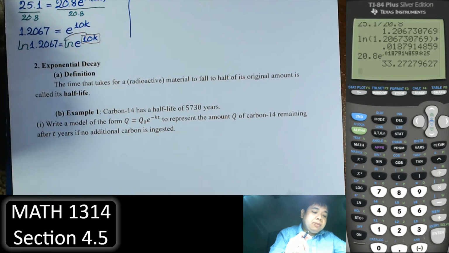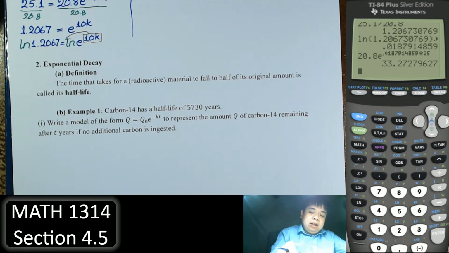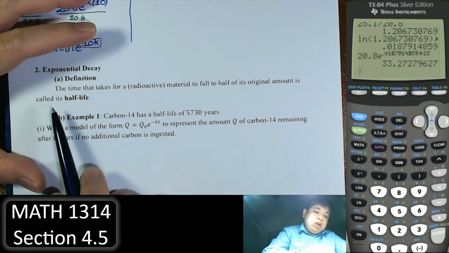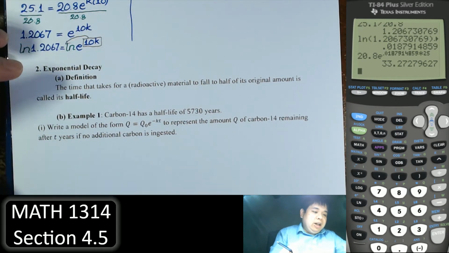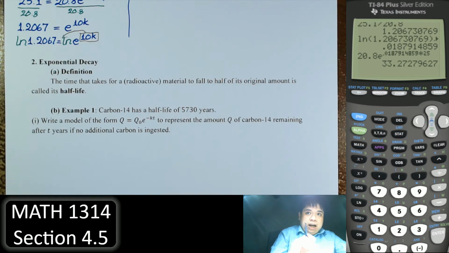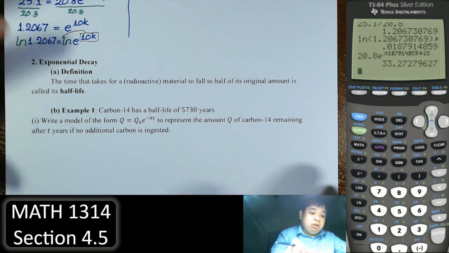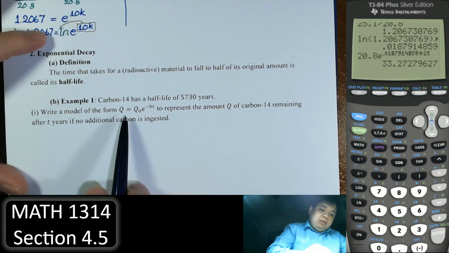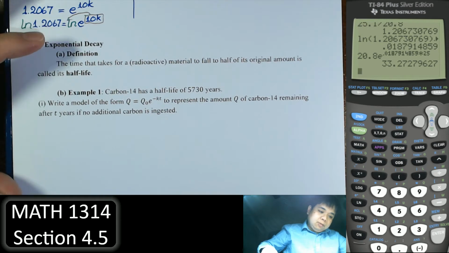Pretty much the half-life of any element is the time it takes to reduce to half of its original amount. I highly recommend that you watch the video linked under the description. We'll talk about half-life, so that will make more sense. Here we just focus on the math. So that's the formula.